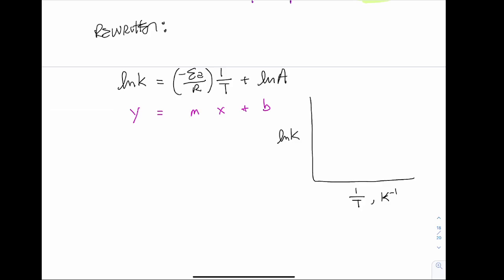Log values don't have units, so I'm not going to show units on my y-axis. And then I have a negative slope, right? It's negative EA over R. So I'm going to draw my y-intercept here. And we're going to have a straight line with a negative slope of negative EA over R. And then again, my y-intercept is the natural log of A.